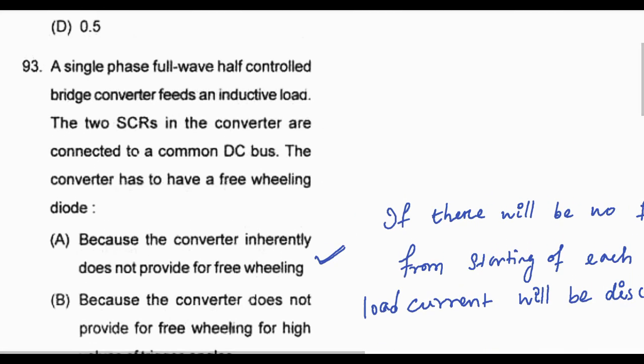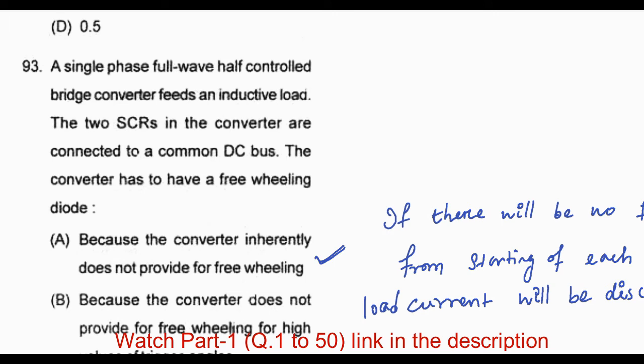So here causes are given, but the converter has to have a freewheeling diode because the converter inherently does not provide for freewheeling.